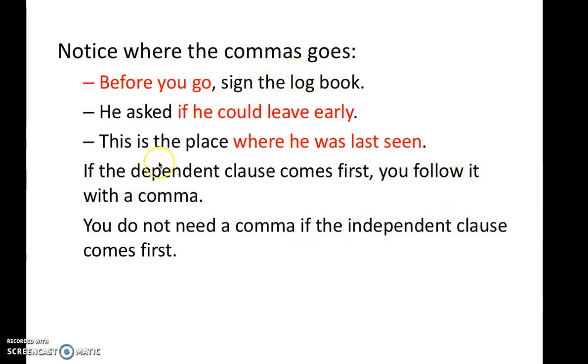So remember that, because that's going to be very important when you write anything in this class. When you have a complex sentence, independent clause comes first, no comma needed. If the dependent comes first, you need a comma before you go into the independent. And that, young men and ladies, is a complex sentence.